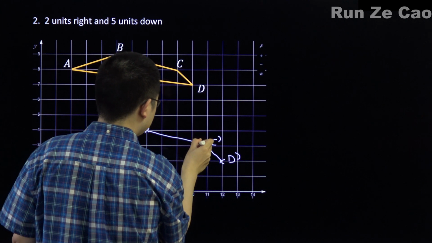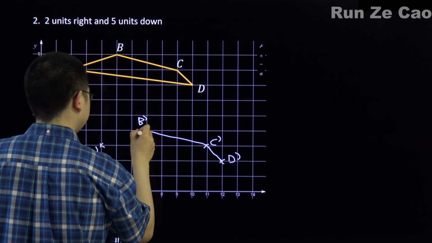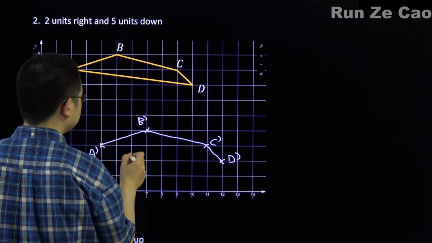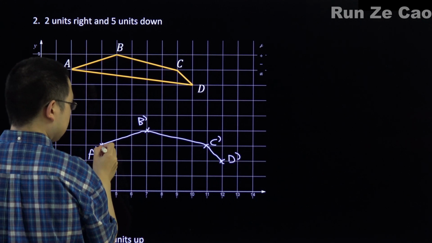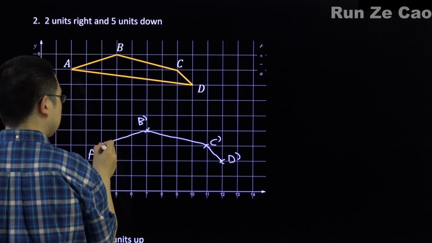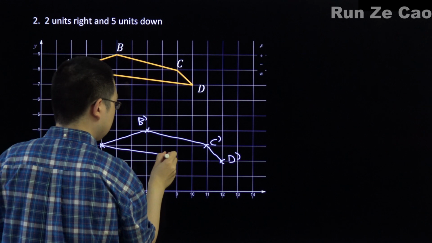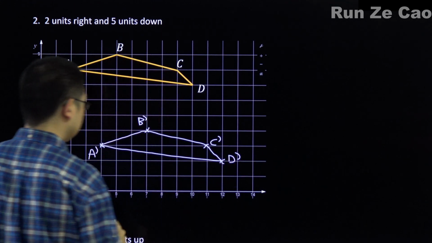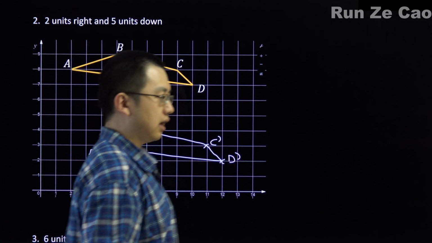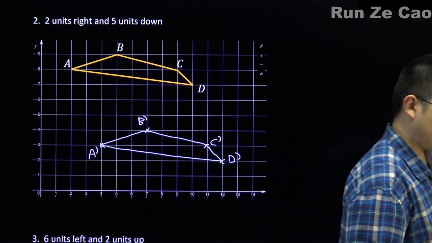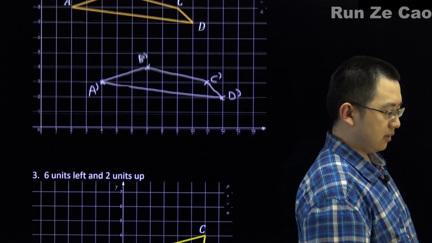All right then. Now you connect these points and you should use a ruler if you can. Sadly, I have equipment issues for that.